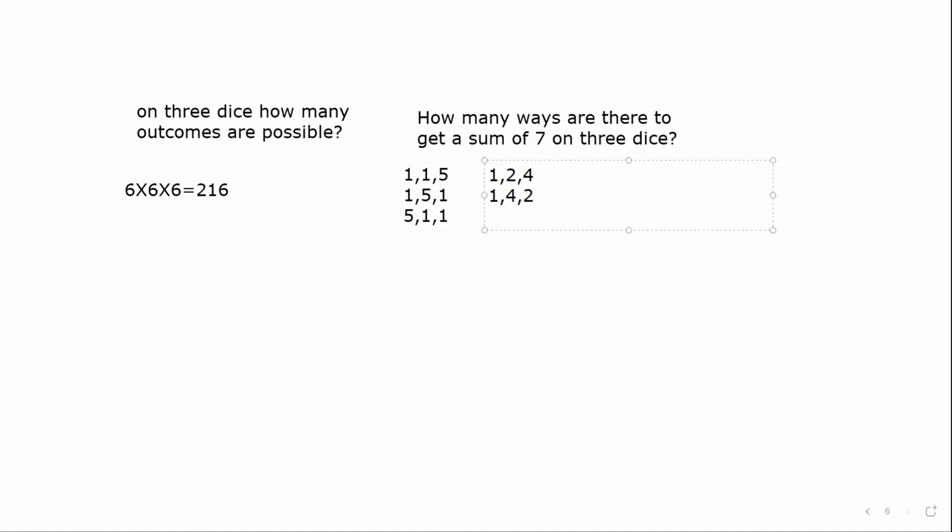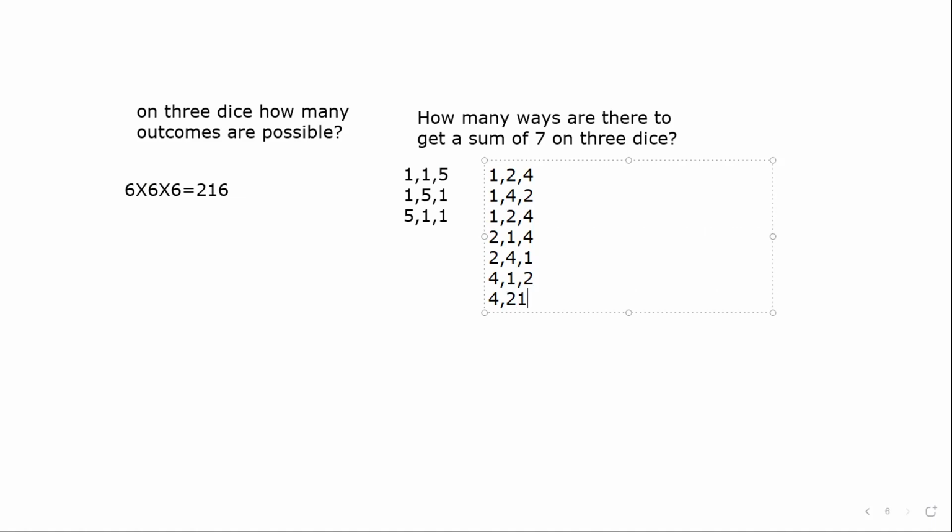If you do this correctly, you should have a total of 6 that are different. 1, 2, 4, then 2, 1, 4, 2, 4, 1, or 4, 1, 2, and 4, 2, 1.